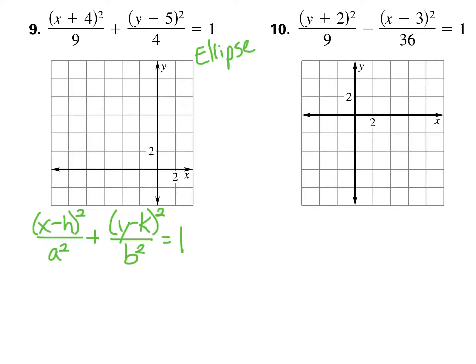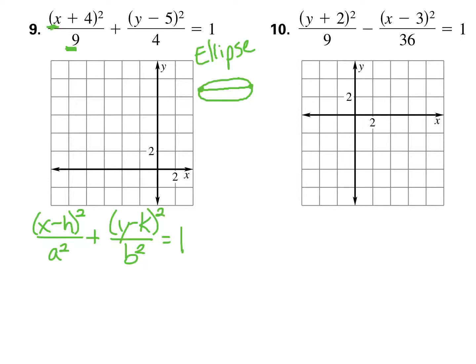Now, the thing about an ellipse is that a is always the bigger of the two numbers. So we know that this is specifically an ellipse that's been stretched in the horizontal direction. It has a horizontal major axis. Okay, so we know it has a horizontal major axis because the bigger number is underneath the x term. Okay, that means that it's been stretched in the x direction.